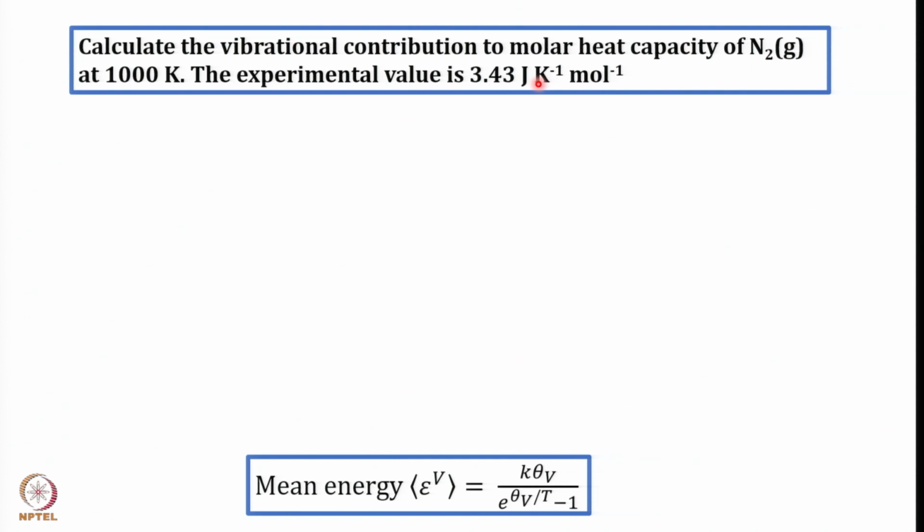How do we begin answering this question? First of all, we need to decide how to connect this molar heat capacity with something which may depend upon the molecular partition function.